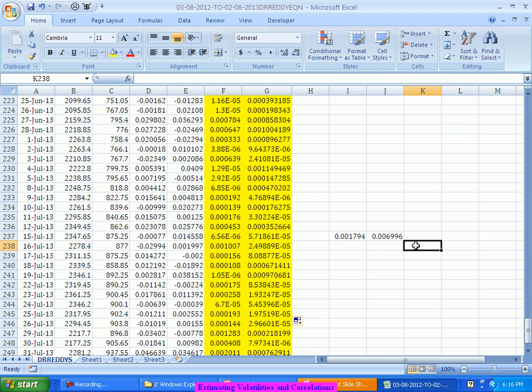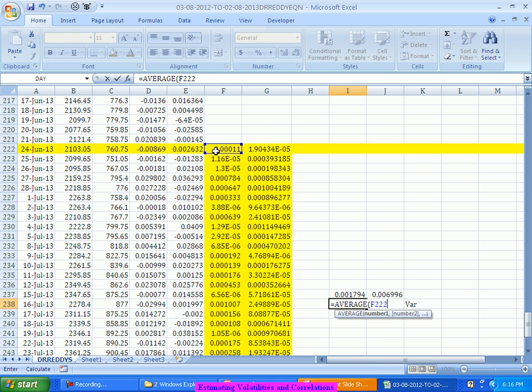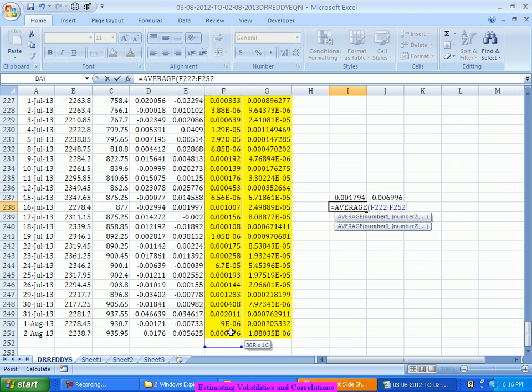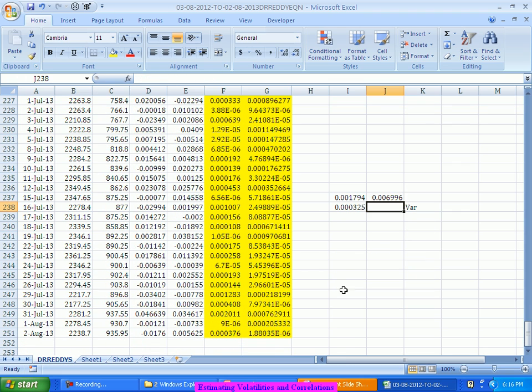So, what is the variance for me? In this case, the average of these numbers is my variance for Dr. Reddy's, and similarly this is the variance for HCL Tech. Take the square root of these two, I get the daily standard deviation.